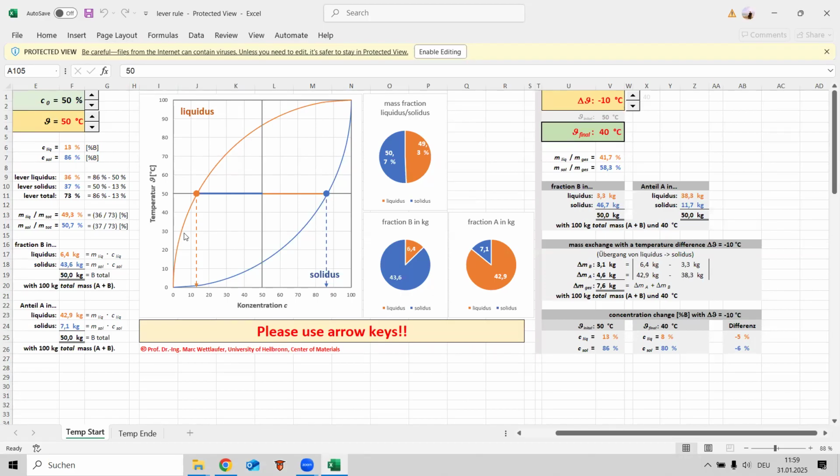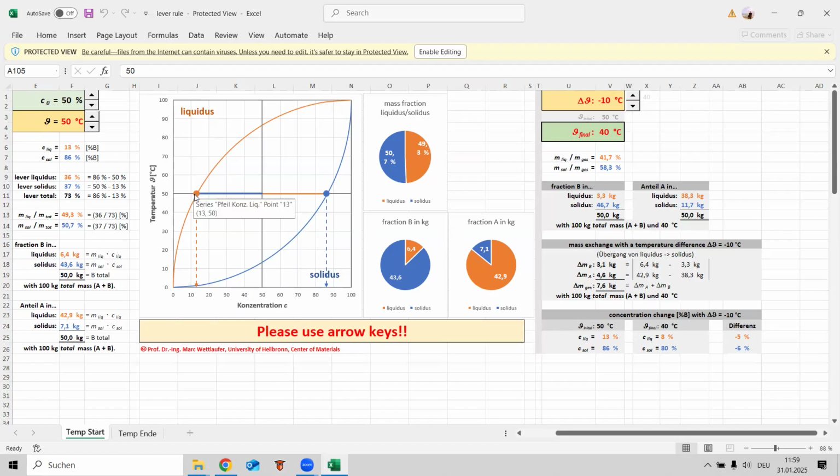Here we have the single phase diagram with liquidus line and solidus line, and here we have the lever at a definite concentration. We can change it. In this case we have 50 degrees temperature, and we find the intersection points.